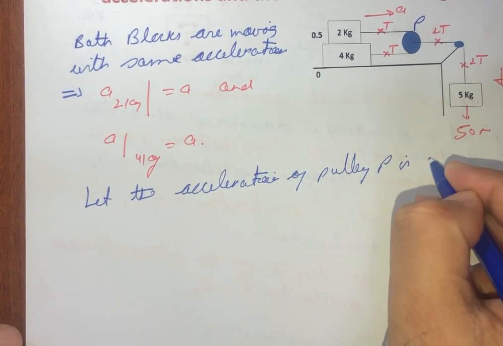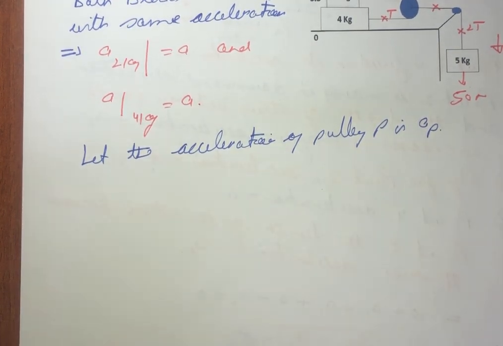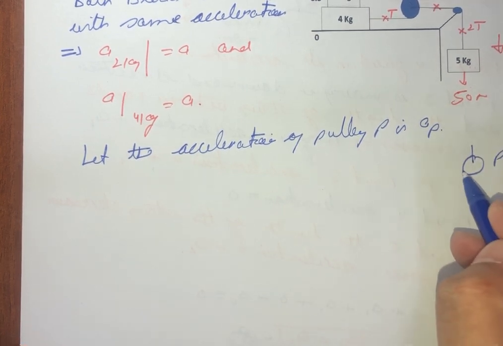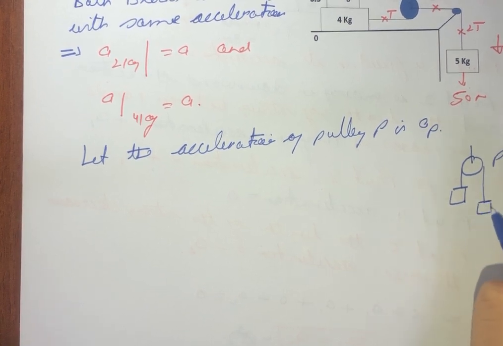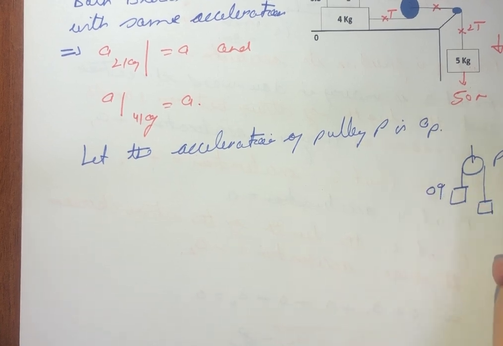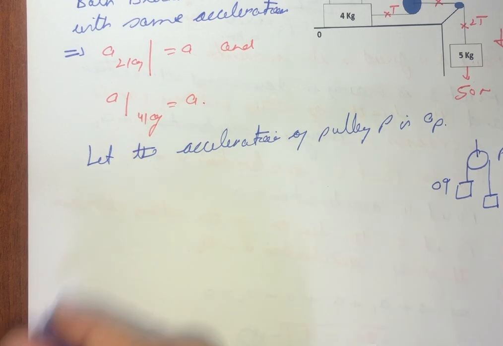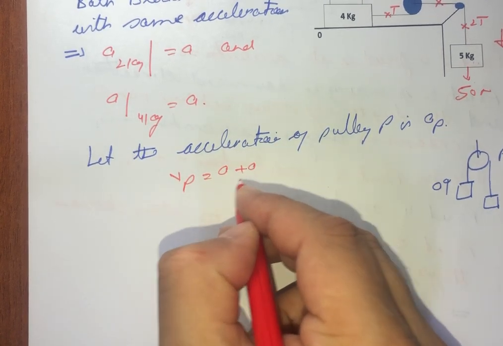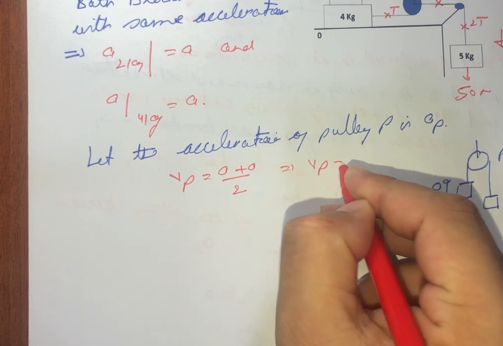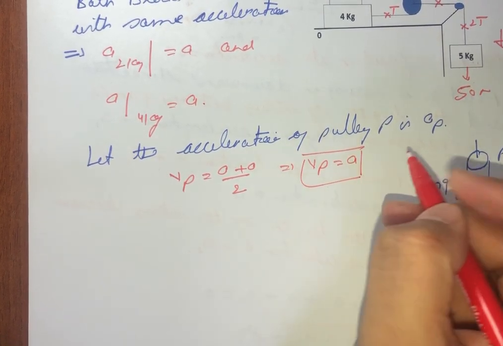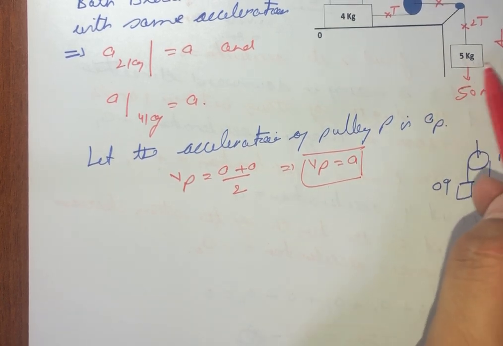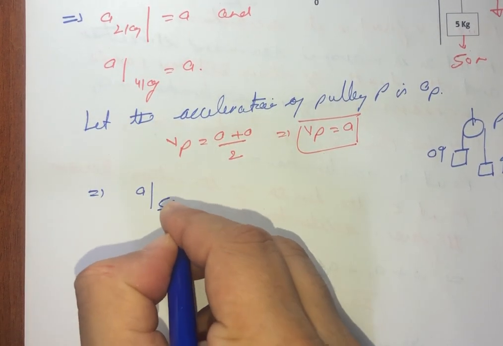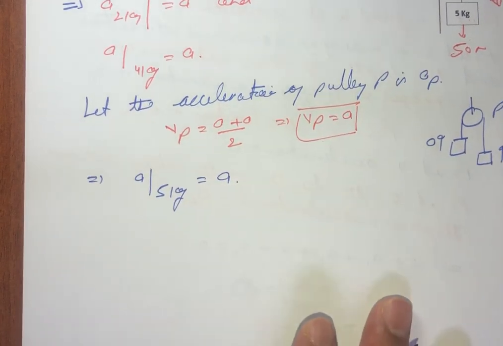Pulley P is connected with two blocks, each having acceleration A. Then VP will be equal to the summation divided by 2, which means VP will have acceleration A. So if VP has acceleration A, then our 5 kg will also have acceleration A.